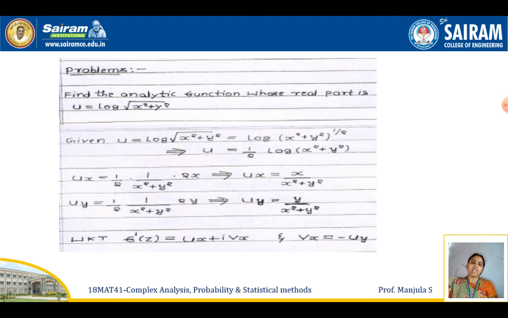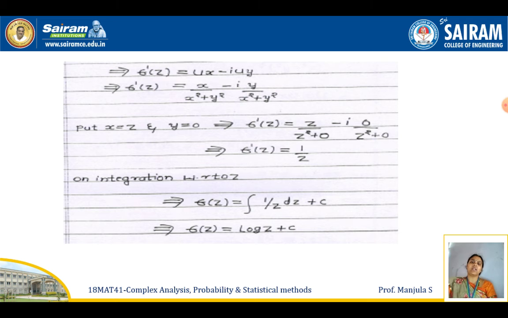Here we know the values of only ux and uy, but in the formula vx is there. You convert v in terms of u with the help of CR equations, that is vx equals minus uy. So the formula becomes f dash of z equals ux minus i into uy.